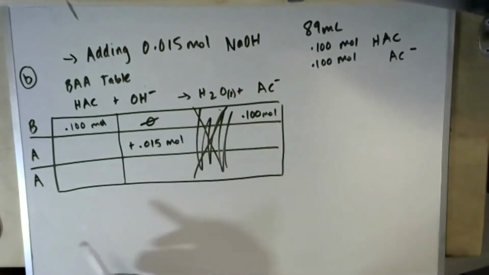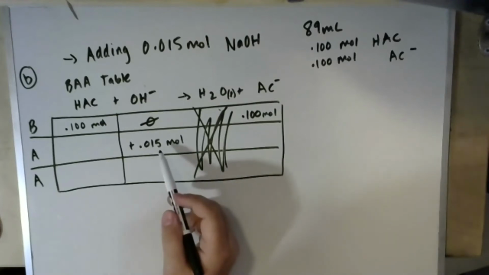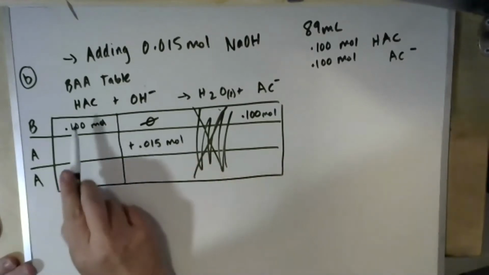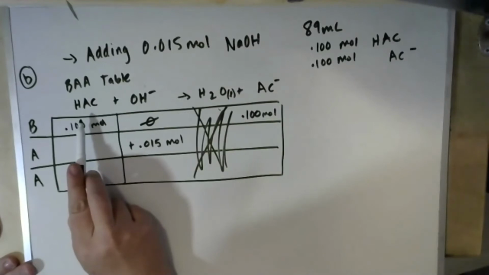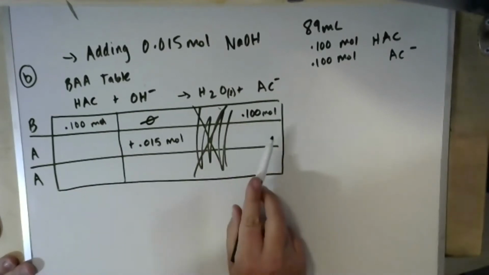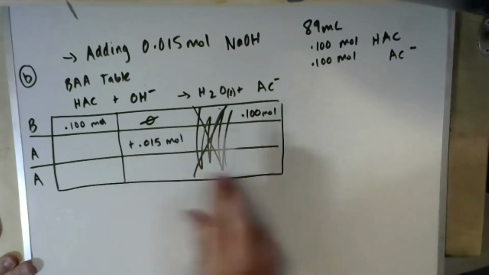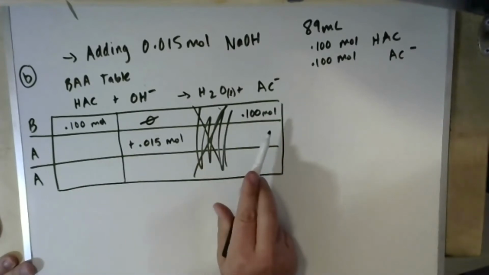And we have to ask ourselves, how is this going to react? What is it going to react with? Base is going to react with your acid. That means that when you're adding the hydroxide, it's going to react with your weak acid, your acetic acid, and that's going to form acetate ion.